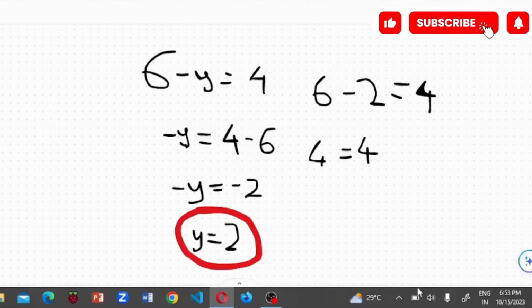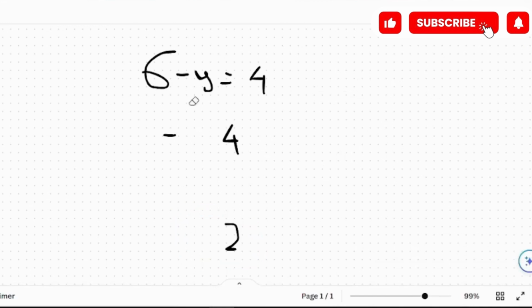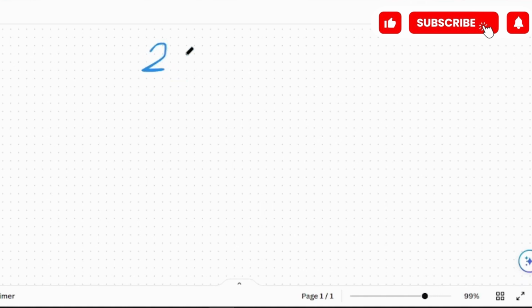So let us do one more example. And I'm going to write 2 minus z equals 4, because x is too overrated.